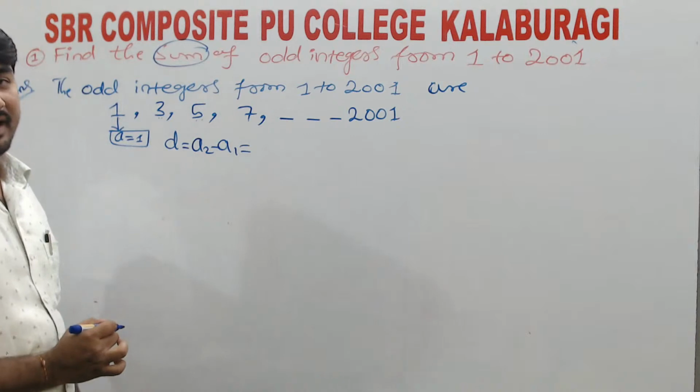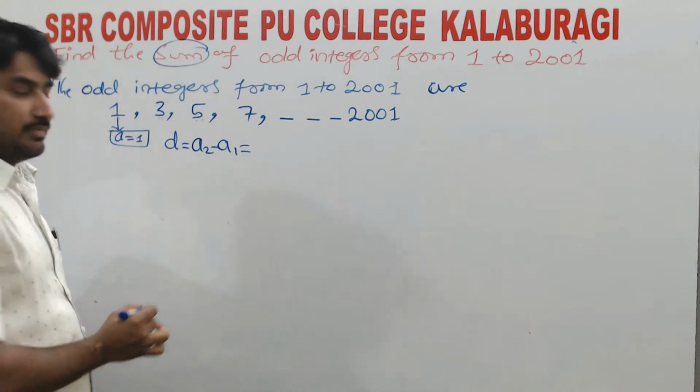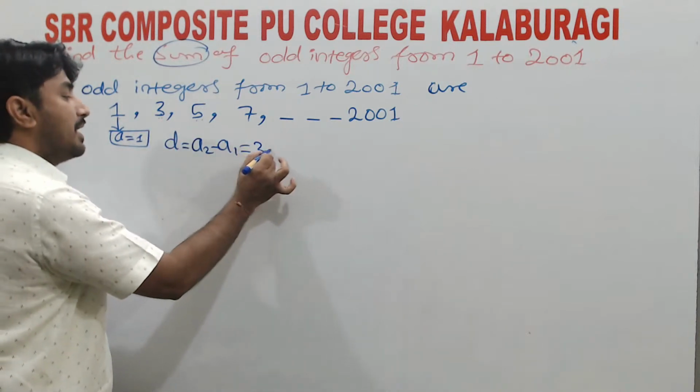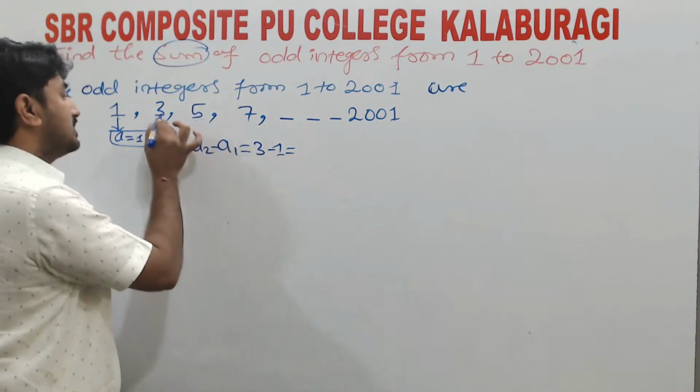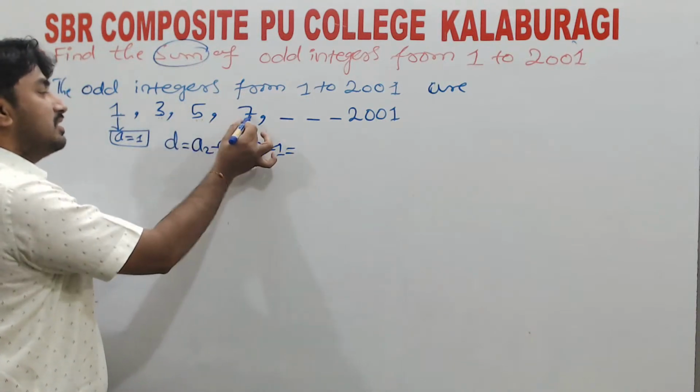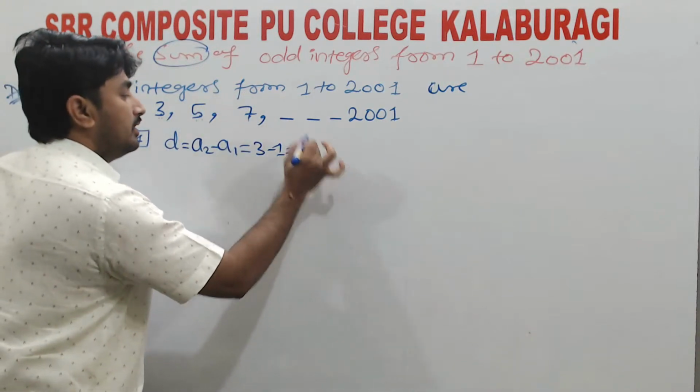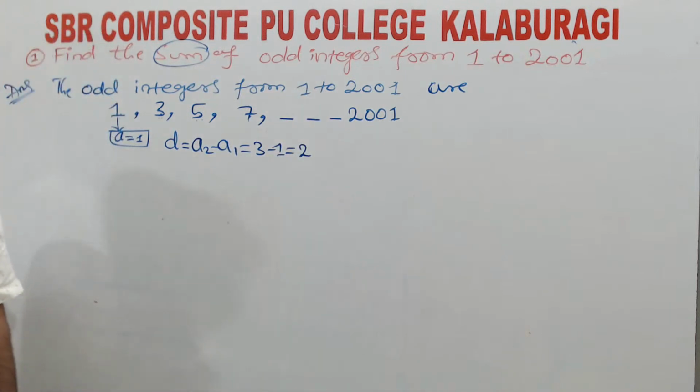You can take any two consecutive terms. Here I am taking 3 minus 1, or 5 minus 3, or 7 minus 5. So the common difference is 2.